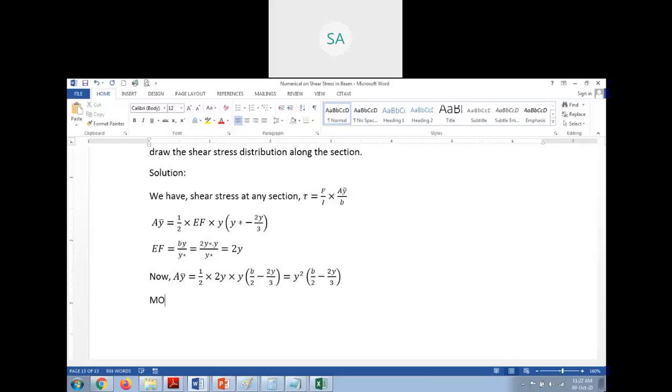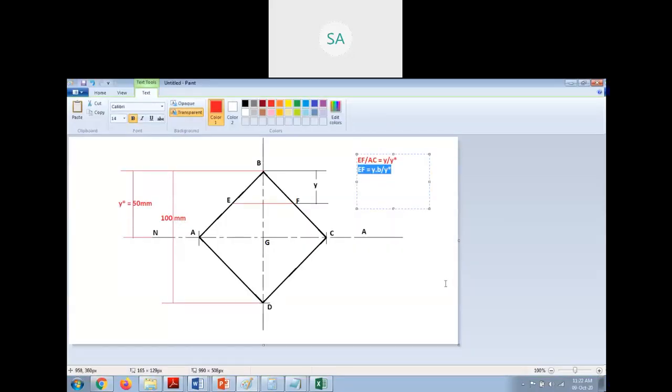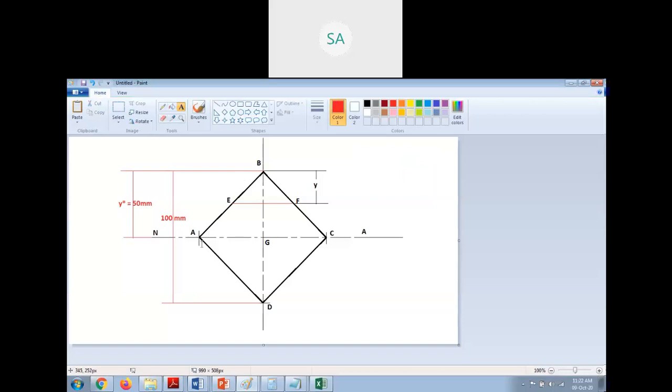So moment of inertia of the whole section about the neutral axis. So let us go to the diagram. See, this section is actually two triangles, right? So I have to find the moment of inertia of this triangle about the base and multiply it by 2. That will be the moment of inertia of the complete section, right?